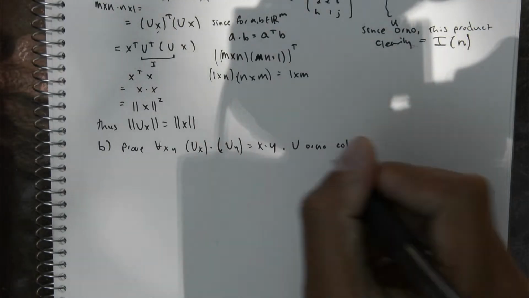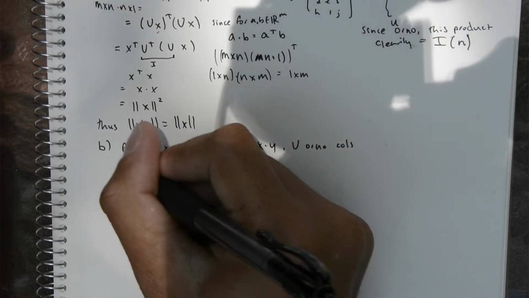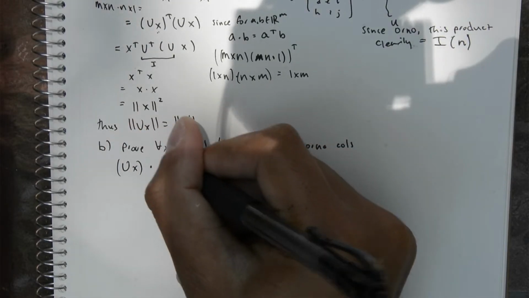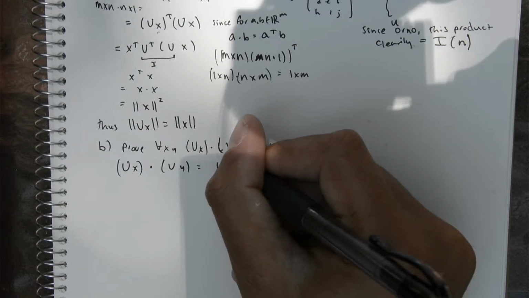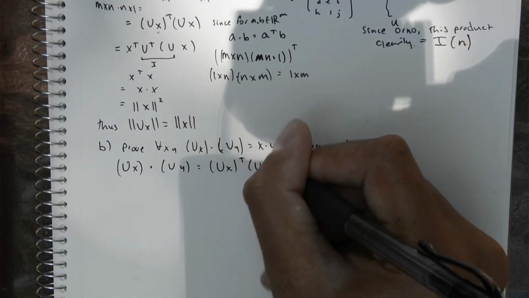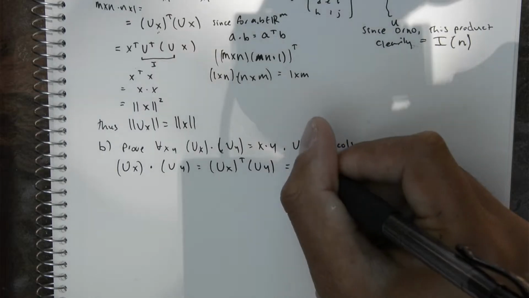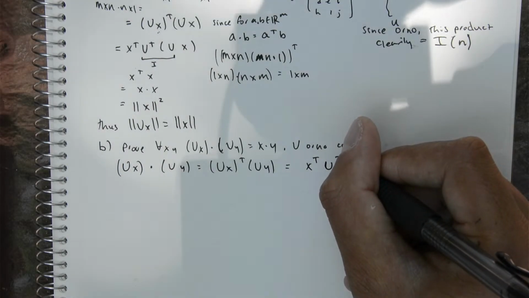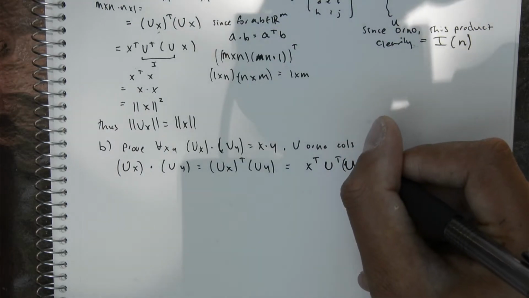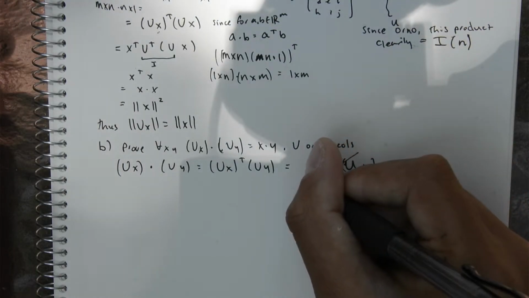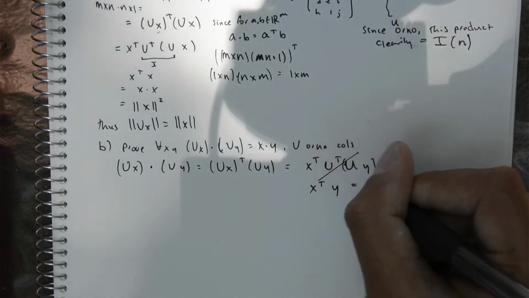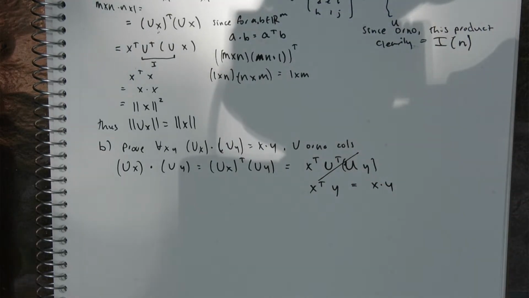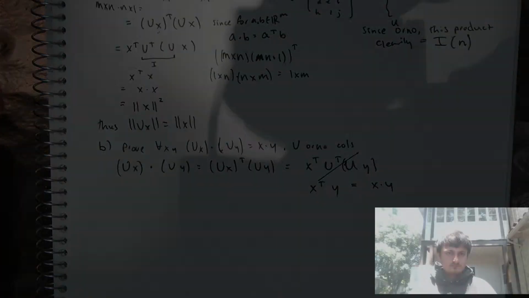Okay, so we can apply this thing again, which is our handy trick, that ux dot uy is equal to ux transpose uy, which is equal to x transpose u transpose uy. So then this goes, and then we get x transpose y, which is equal to x dot y. All right, cool. That was a good problem.